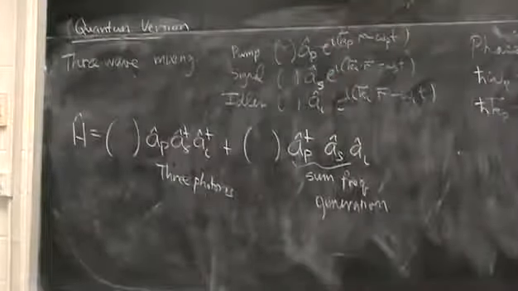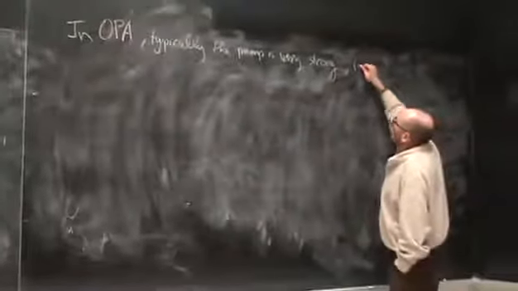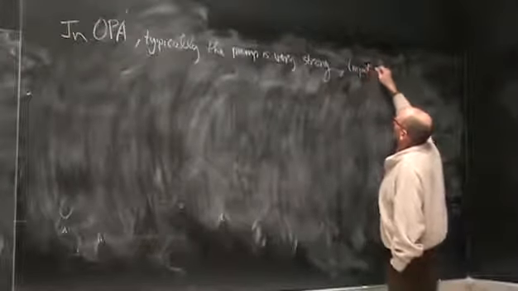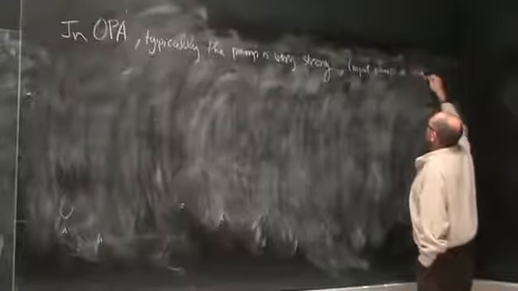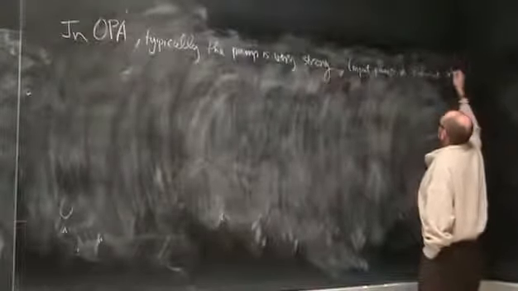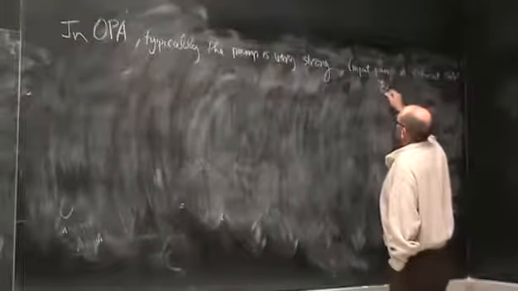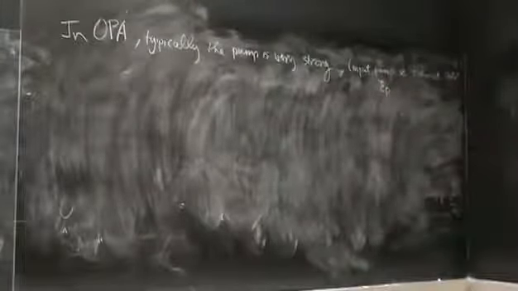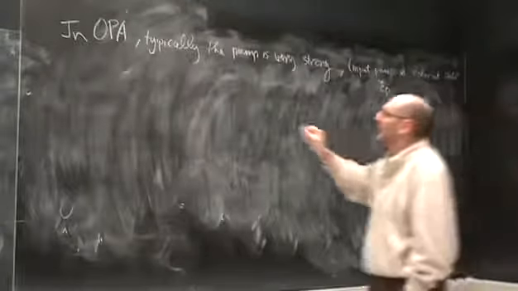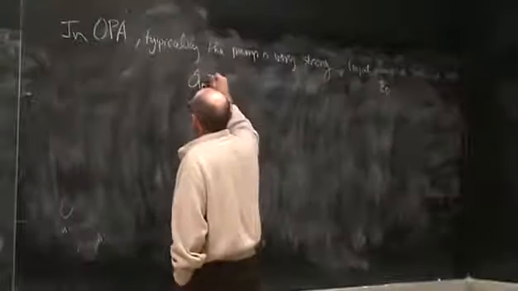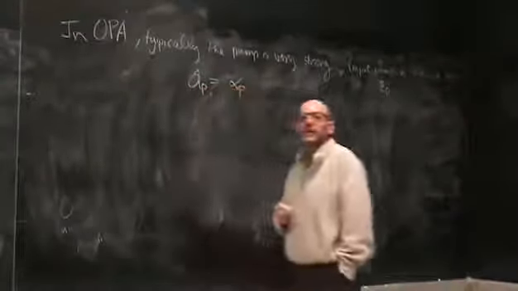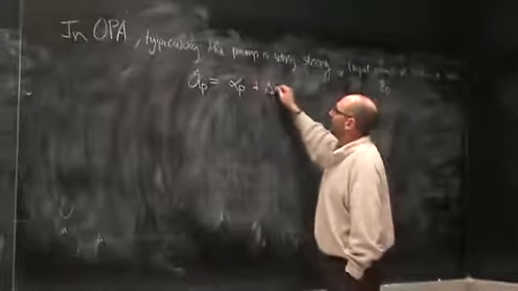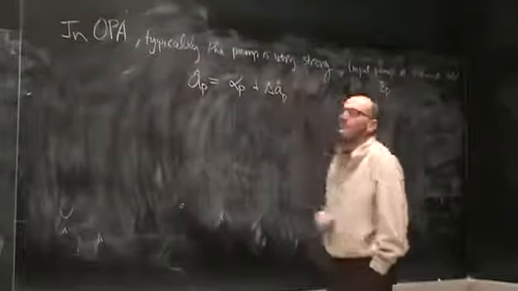So when that's the case, we might say that the input pump is in a coherent state and it's got some classical pump amplitude, that as always we can write our pump annihilation operator as some classical field plus a fluctuation around the mean field.